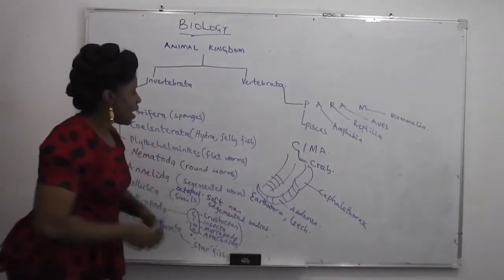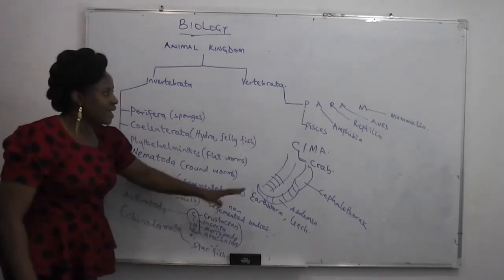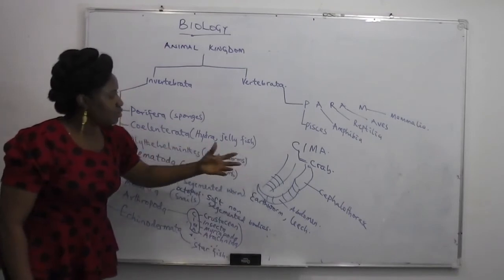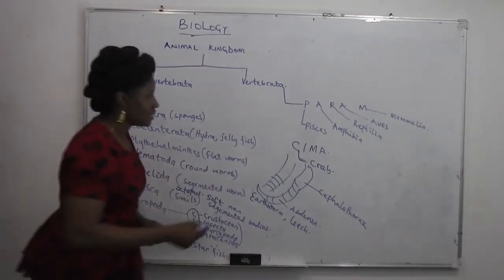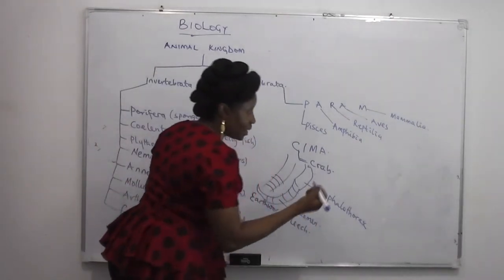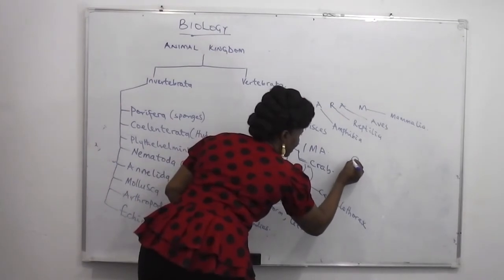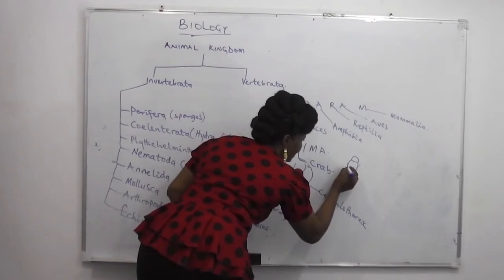Now, you have the insect, the insecta. The insecta can be differentiated from the crustacean through their body segments, because their body is divided into three segments. You have an insect like this, for example, a cockroach. It has a head, it has a thorax, where the wings and the legs are located, and it has what?